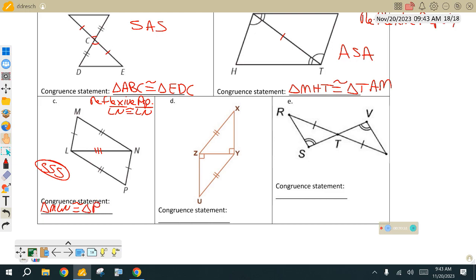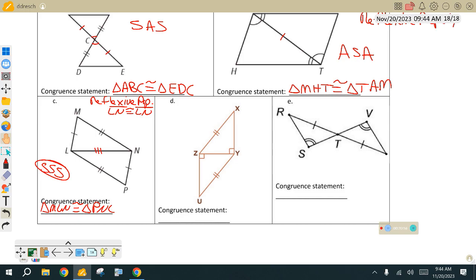B. L goes with, and this is the kind of tricky one. Just make sure, if I start off going to L now, L is between 1 and 3. What's between 1 and 3? N is, right? So P, N, and then back to L.